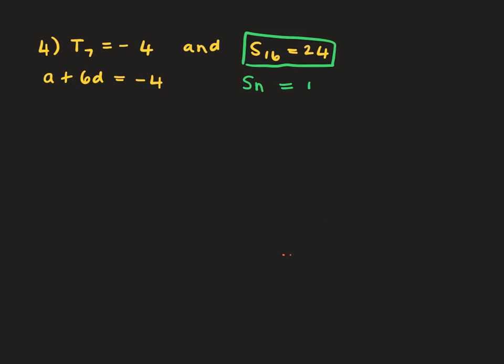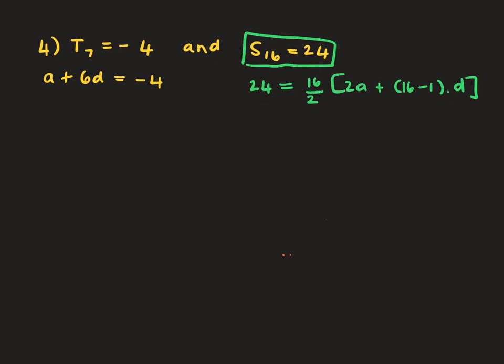So I'm just going to start off with the general term for summing an arithmetic series. All right, that's what the general term is. Now let's just fill in information that they've given us. So we know that when we sum the 16 terms, we get 24. So we know that Sn will be 24, because that's what it adds up to. n is 16.